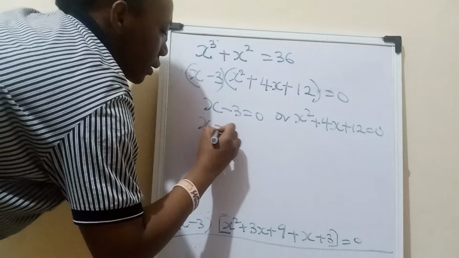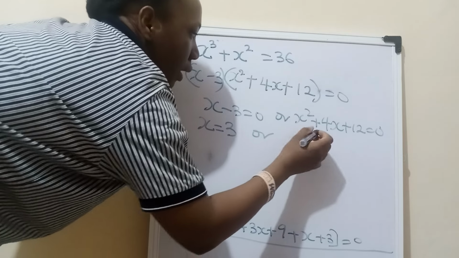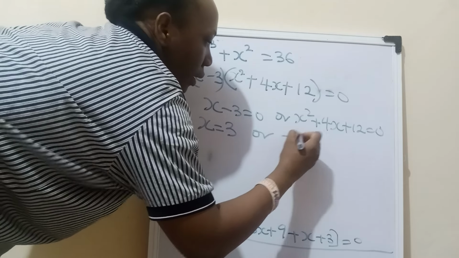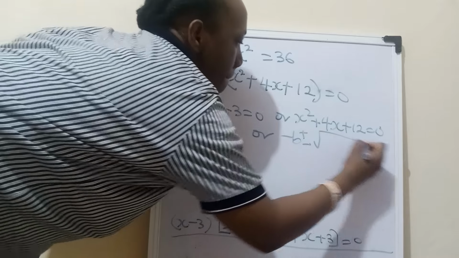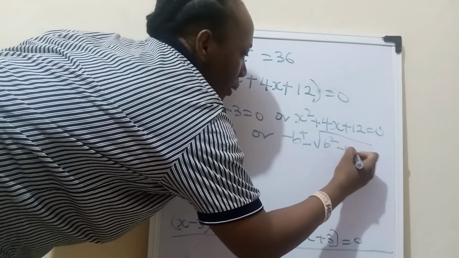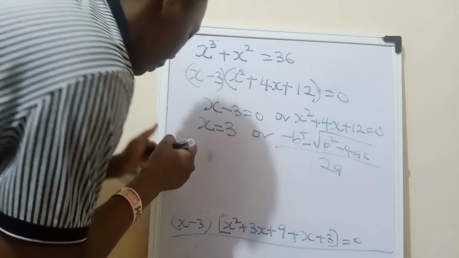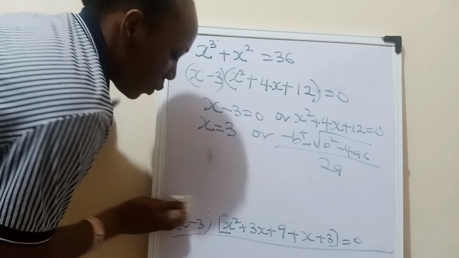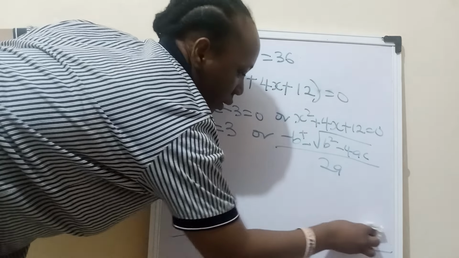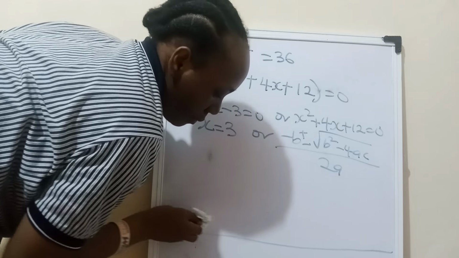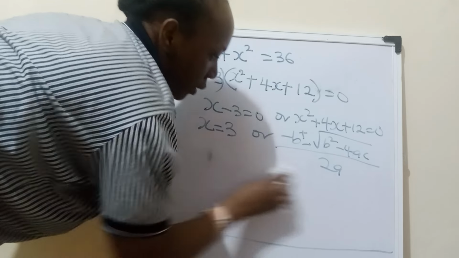This gives us x equals 3, and here we're going to use the formula method to crush it. And this is because it can't be solved using the factorization method, because this is a bit complex.